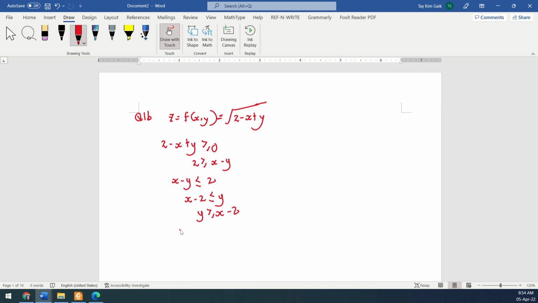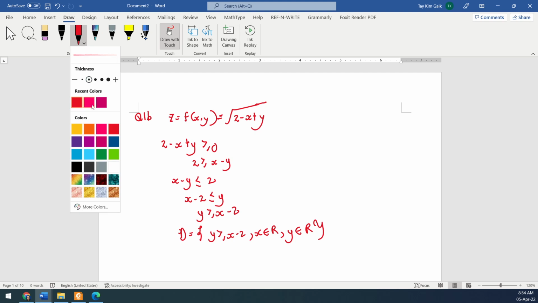Properly, the domain is y greater than or equal to x minus 2, where x belongs to real numbers and y belongs to real numbers.